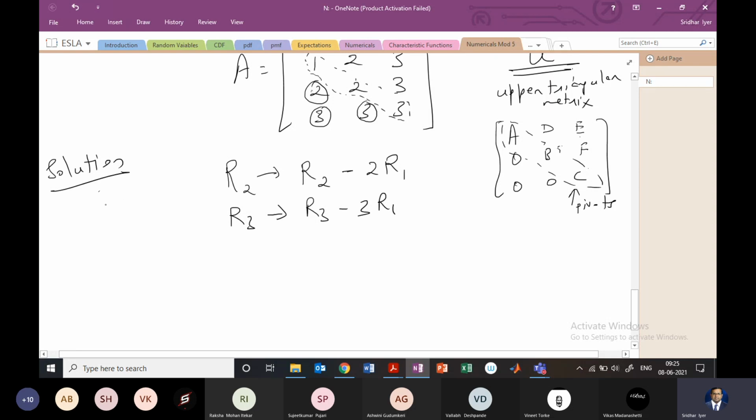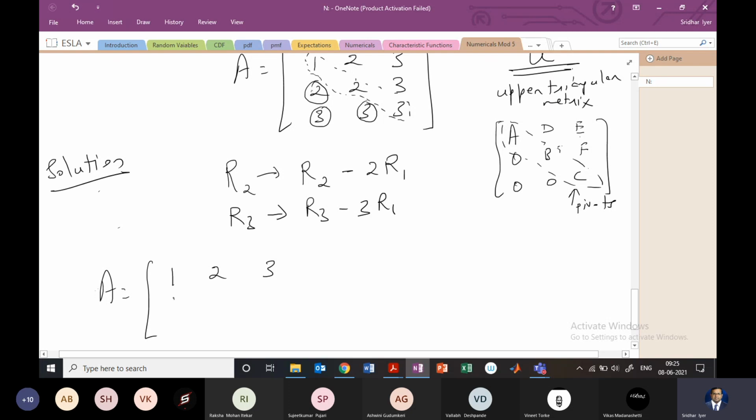So in that matrix, we change the rows as R2 minus 2R1 and R3 minus 3R1, right? Once I do that, now you're looking at the matrix. The first row will remain as it is, so you'll have 1, 2, and 3. In the second row, you are doing R2 minus 2R1.